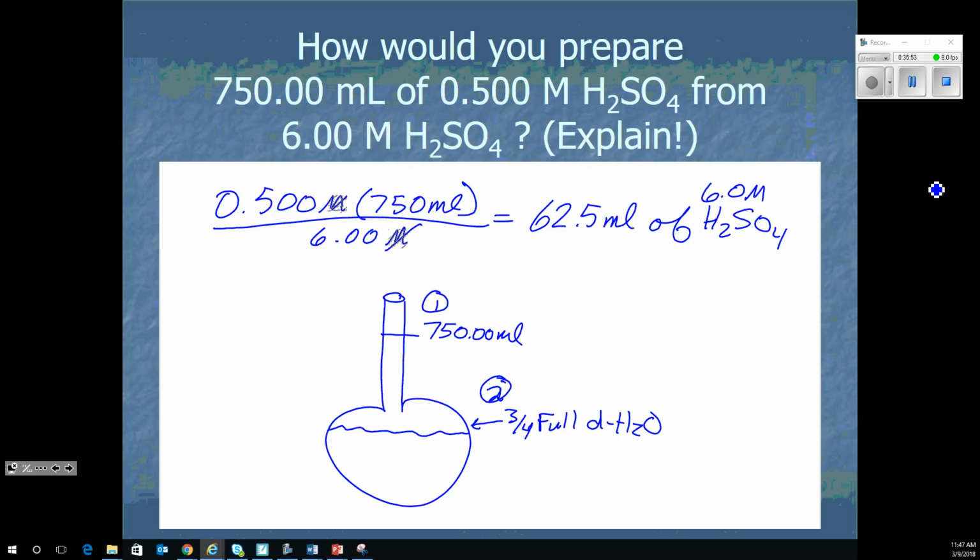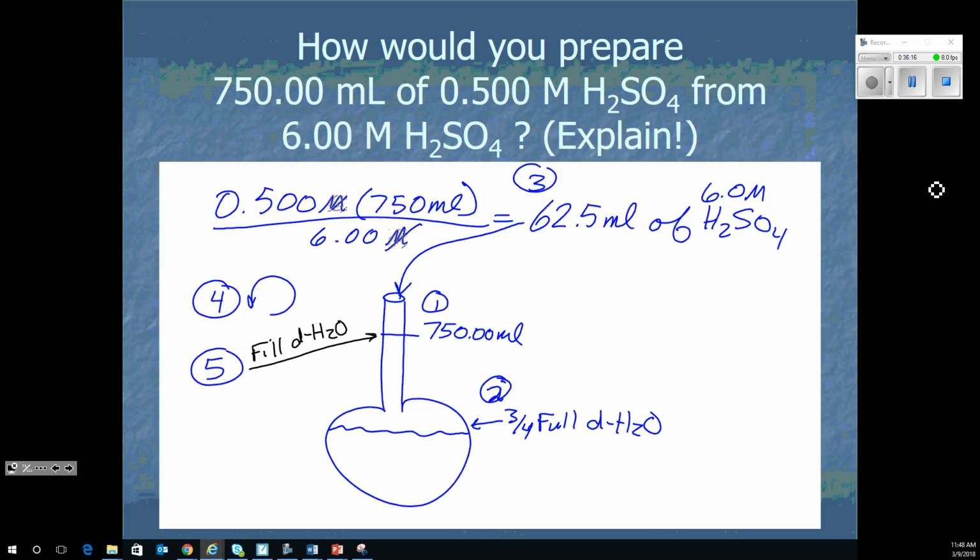Then number 3, I would add this in. And then number 4, you like my little diagram here, I would swirl it so it mixed really well. And number 5, I want to make sure that I fill with distilled water till the meniscus is right at that line. So we did that last time, except we worked with pellets, right?